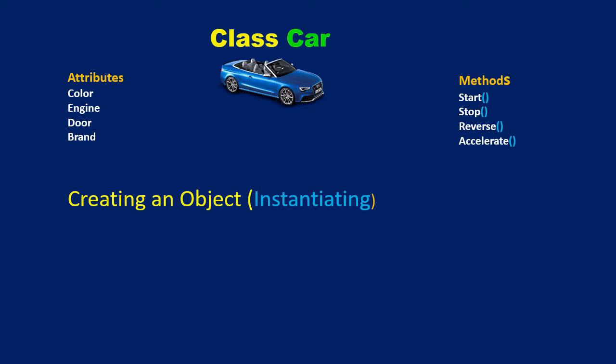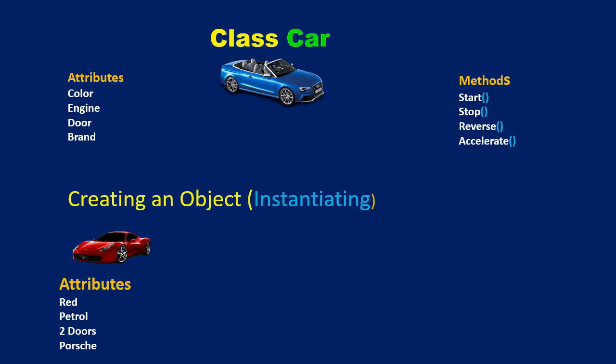All right, so let's say we want to instantiate an object from the class we've got above. We will first give it attributes, and the attributes can include the color, which is red, the type of engine, the number of doors, and the type of car, which is known as the brand. These attributes for this red car are taken from the attributes of the class.